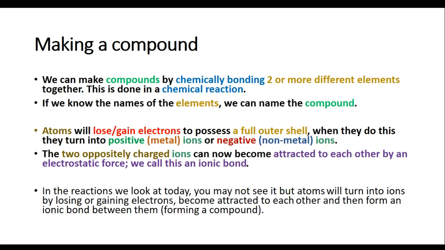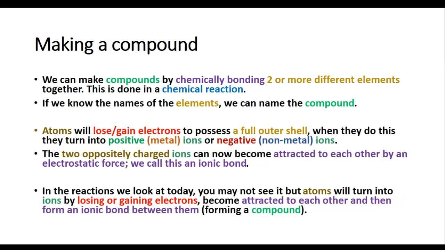We know that 2 oppositely charged ions become attracted to each other by electrostatic force. We call this an ionic bond. So an ionic bond forms between the 2 oppositely charged ions and they become an ionic compound.